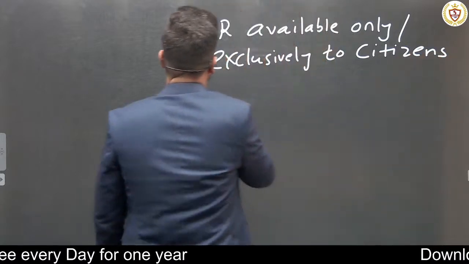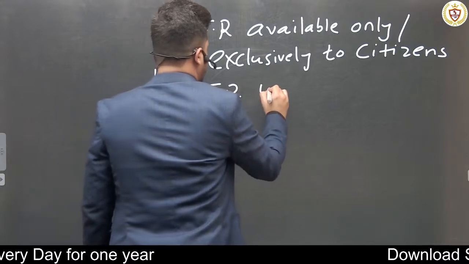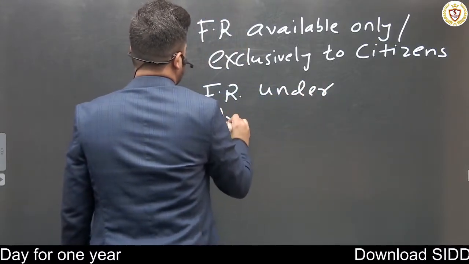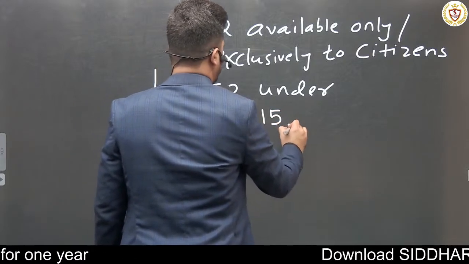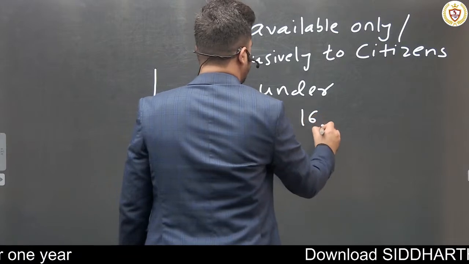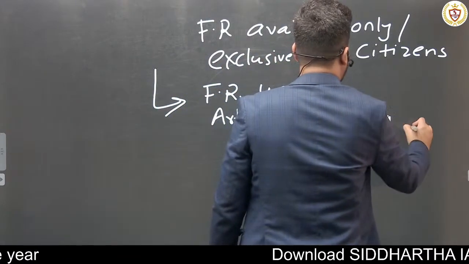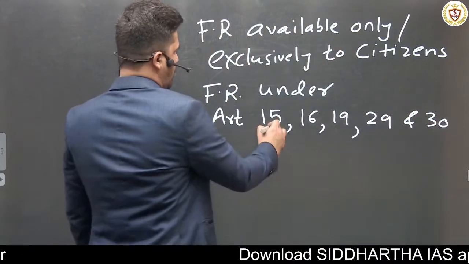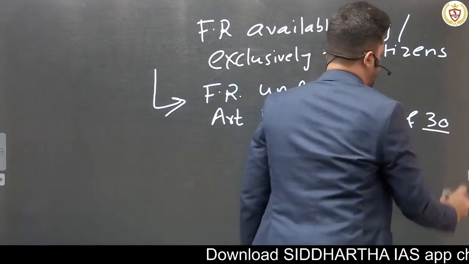Write down fundamental rights under articles 15, 16, 19, 29 and 30. 1, 2, 3, 4, 5.